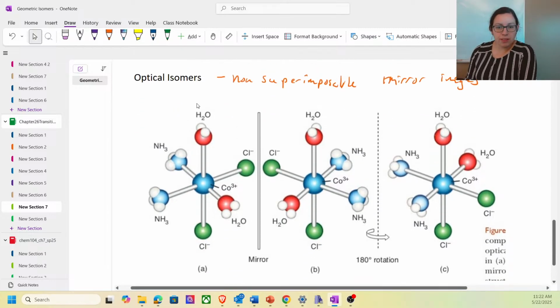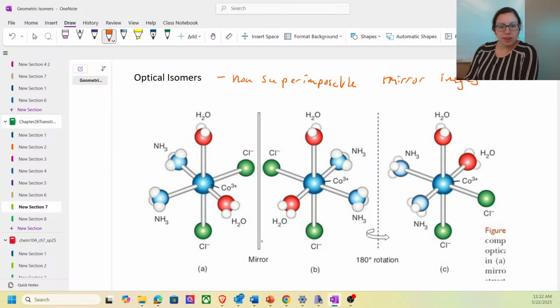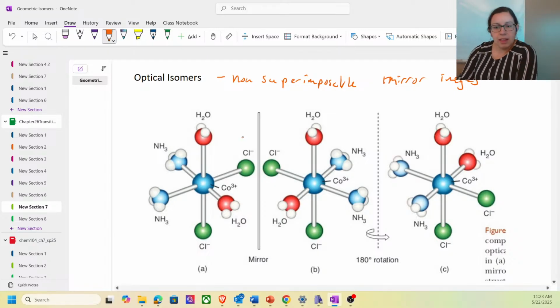And so the easiest way to draw it is, pretend that there's a mirror here. You draw one isomer and then literally flip it as if there were a mirror so that you get, again, the chiral molecule. So again, you can think about your hands, how they're non-superimposable mirror images.